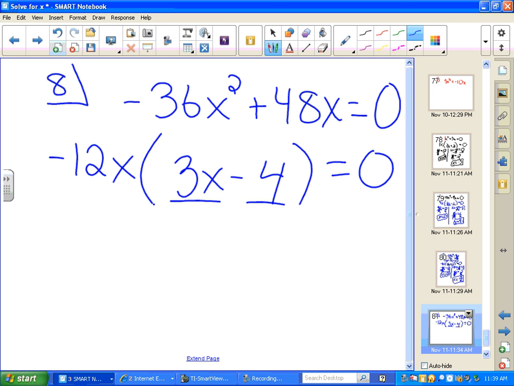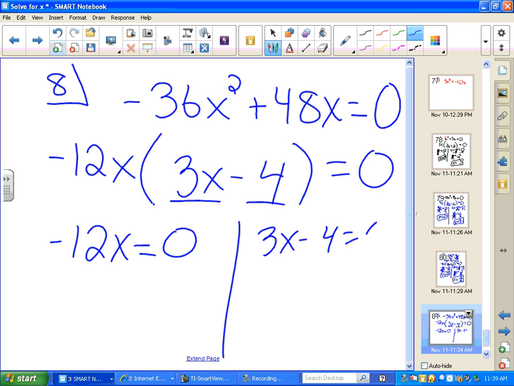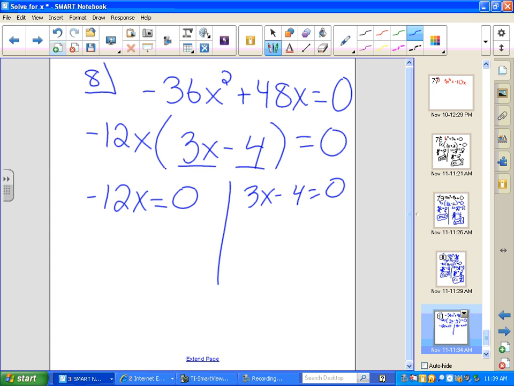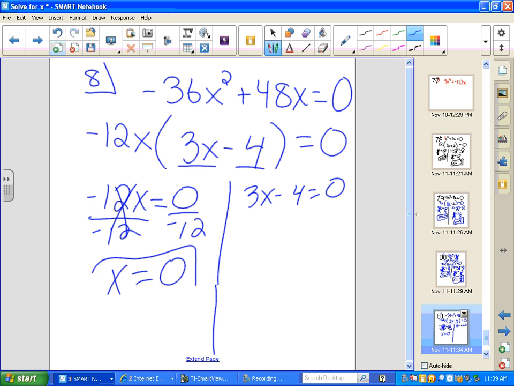We now need to solve. Take each of them, set them equal to 0, and we can solve for x now. When you solved, you should have divided both sides by negative 12 here. You got x equals 0. On this side, what do we move first? Good.